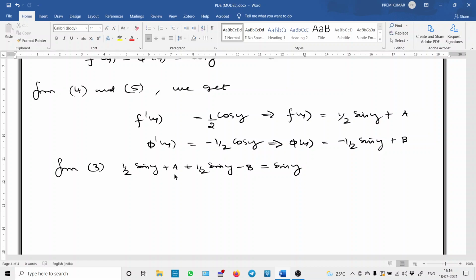So now, therefore, you go to equation 2. From 2, the solution of the given PDE 1 is z, which equals f of y.